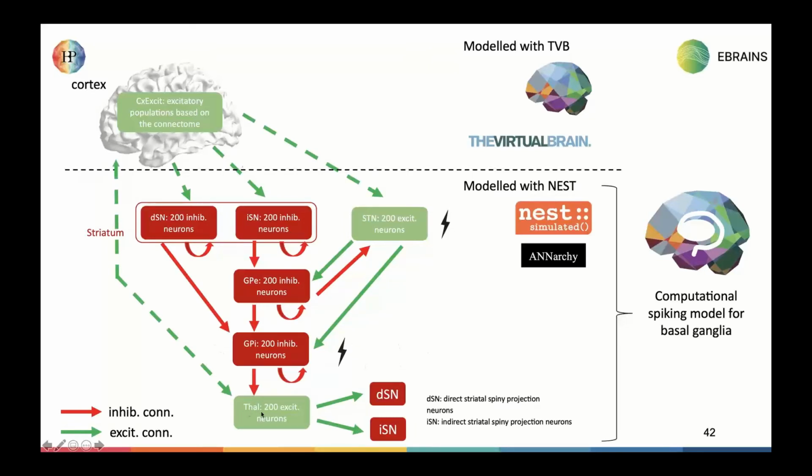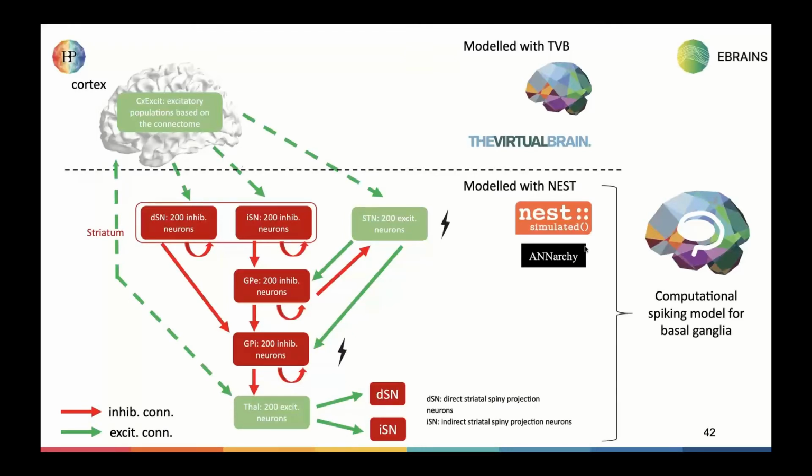We know what the thalamus is doing. We know that the STN should probably be stimulated, and maybe even the GPI. And we know from literature and also from rodent experiments how the connections look like, whether they're excitatory, whether they're inhibitory, and so on. So why not use all this information gathered to make our network and our virtual patient even more realistic, right? That's what this is all about.